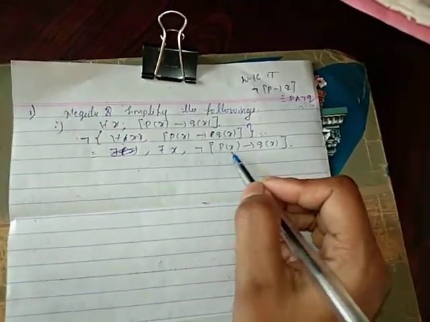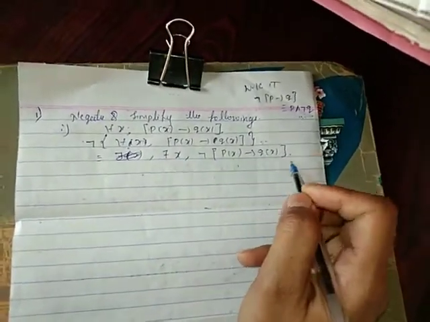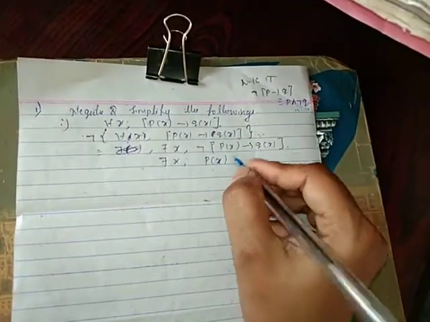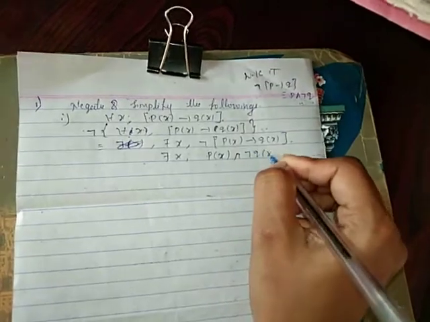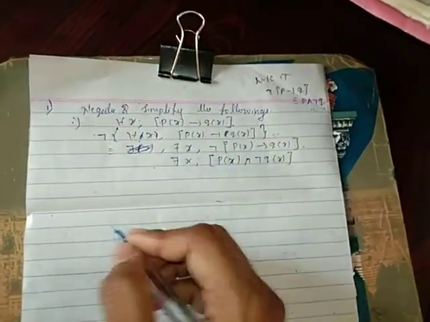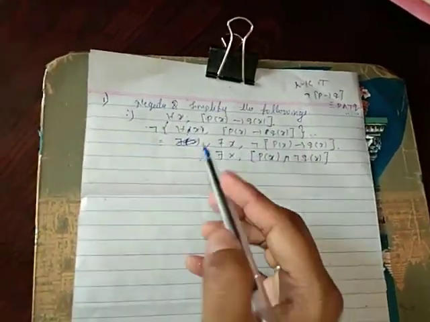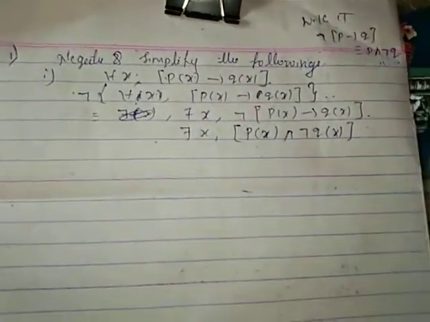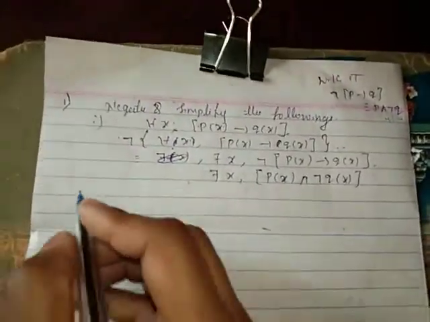Negation of p of x implies q of x becomes p of x and negation of q of x. So therefore, negation of for all x, p of x implies q of x is equivalent to there exists an x, p of x and negation of q of x.